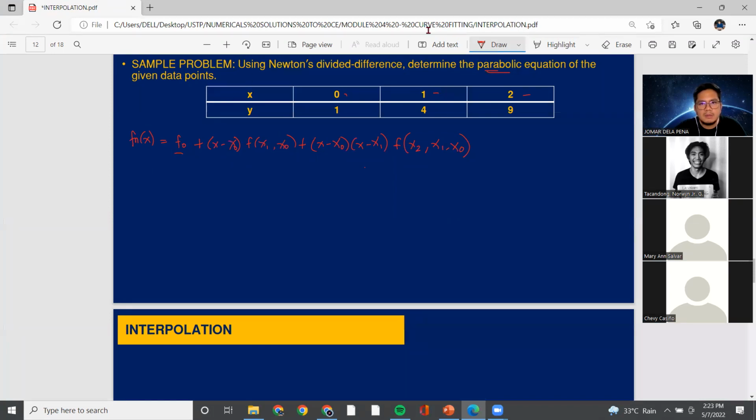This is function of x sub o, equal to function of x I, where I is 0.